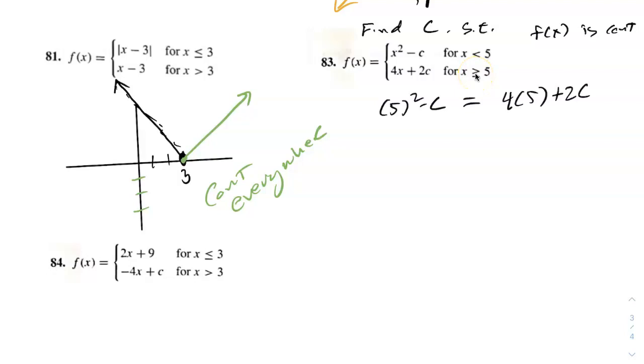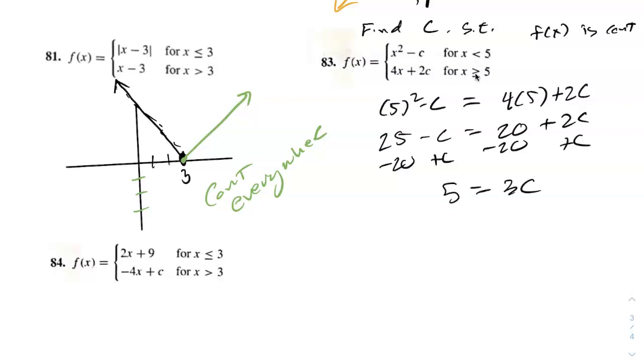And now we can solve for c. It's an algebra 1 problem. Minus 20 plus c. I get 5 equals 3c. Divided by 3, c equals 5/3. So that's the value of c for which this function is continuous.